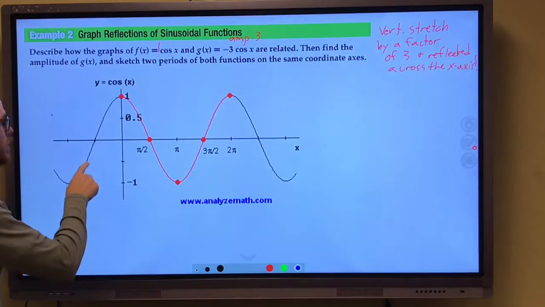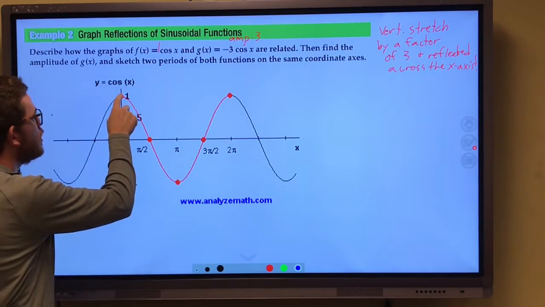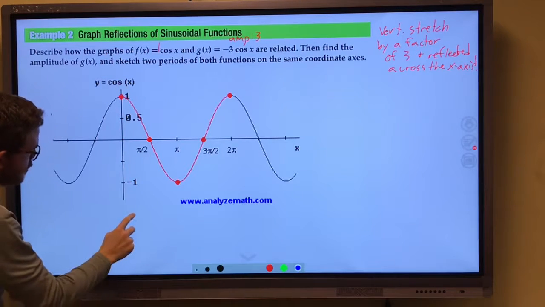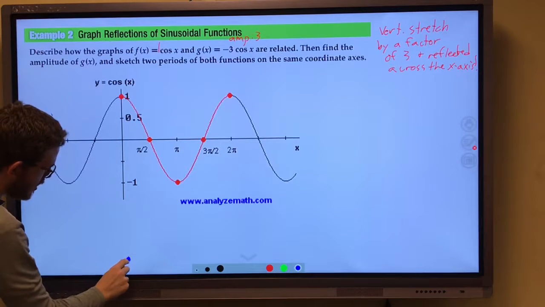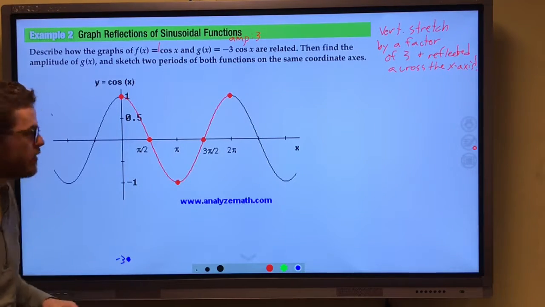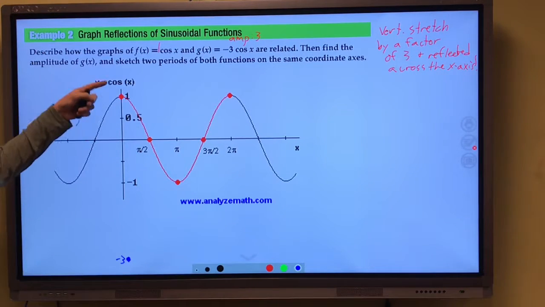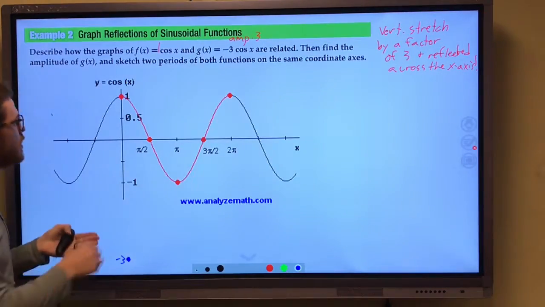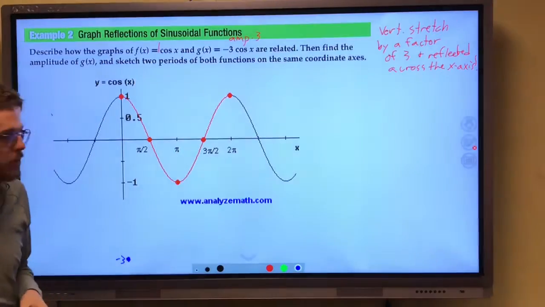All right, so instead of 1, it's 3, but then it's reflected, so way down here at -3 would be our point. And it's a giant graph, so you have to bear with me. It's reflected, and we have multiplied that output by 3.